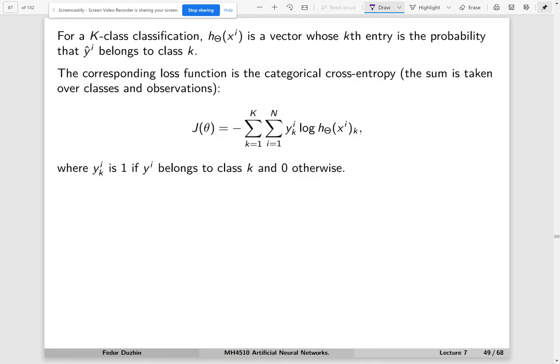The corresponding loss function is the categorical cross entropy, the familiar one. Notice that whatever is here is the model's output for the ith training observation.